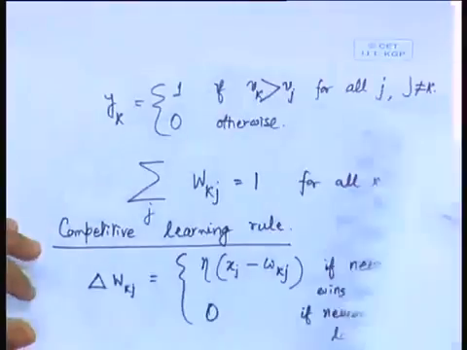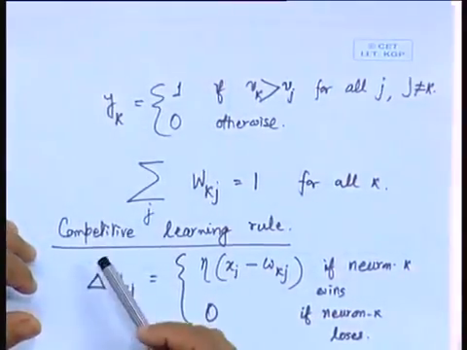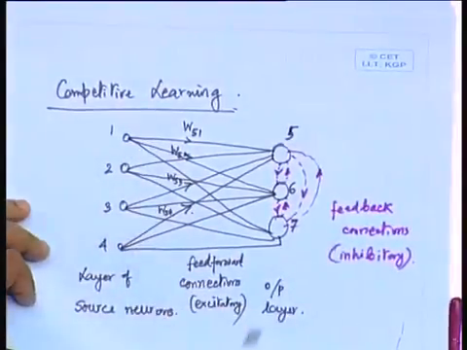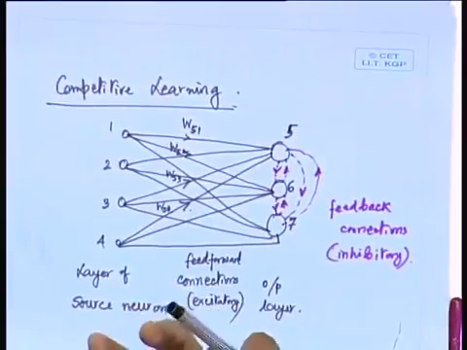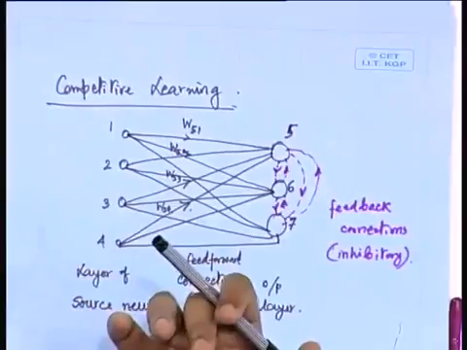And what is going to be the winner next time, when we feed a different pattern? Maybe 5 will be the winner, maybe for a different pattern 7 will be the winner. For a pattern for which 6 is already a winner, it does not mean that 6 will be the winner for only one particular pattern.